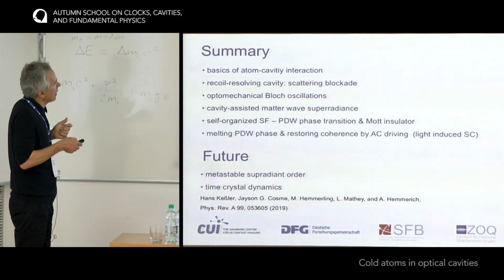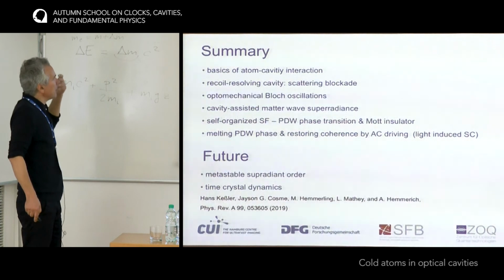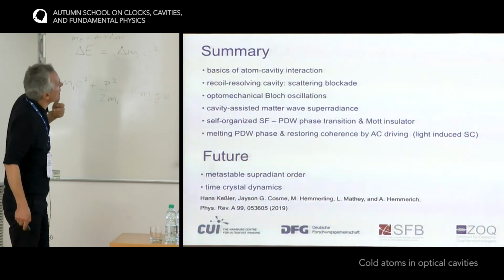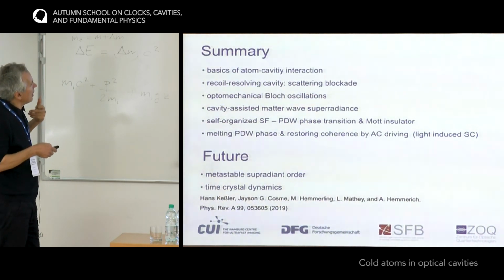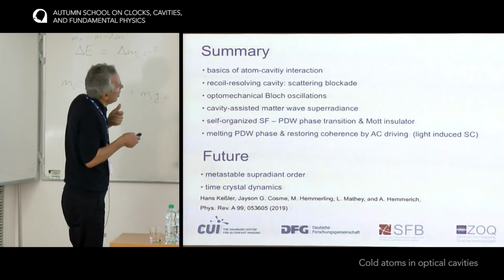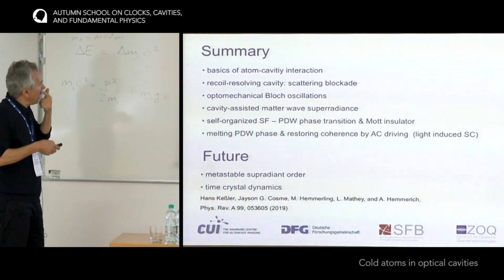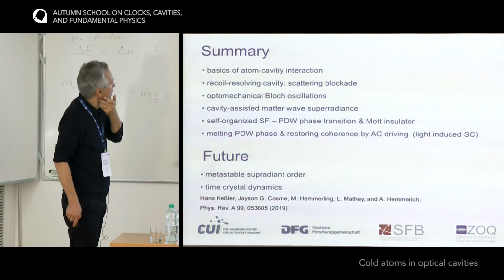I've shown you optomechanical Bloch oscillations, where we can make an in situ monitor for these Bloch oscillations, which may be interesting for metrology. I've shown you single beam coupling from the side, which leads to matter wave superradiance, and I've shown you what happens with 2 beams with a standing wave coupling, where you get a self-organization phase transition, and a stationary lattice where you can also have a Mott insulator.